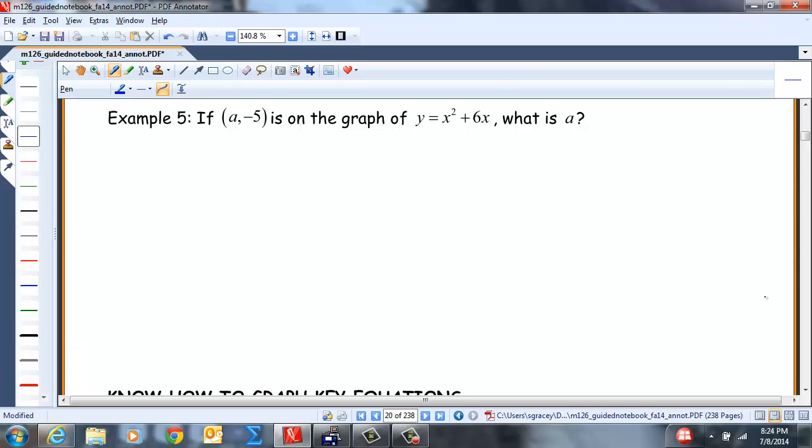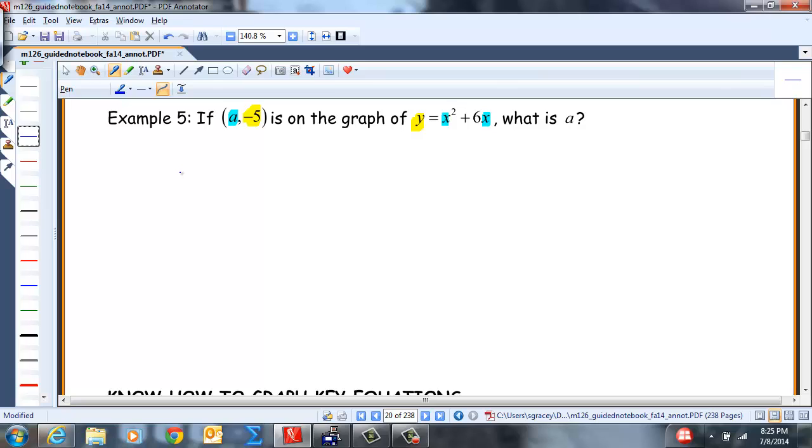If you have a comma negative 5, on the graph of y equals x squared plus 6x, what is a? Well, for me, the easiest thing to do would be to plug these values in. I've been given a y value of negative 5, and I've been given an x value of a. We just don't know what it is. So let's see what shakes out when we substitute these values in.